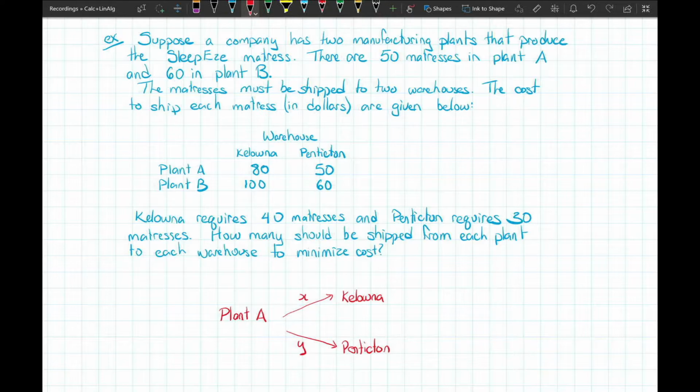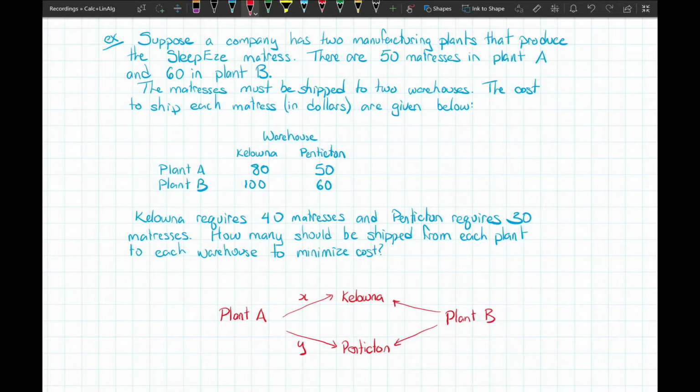Now, we also have our second plant. And rather than create 2 new variables here, if we know that Kelowna needs 40 mattresses, by knowing what the value of x is, we can already determine the number of mattresses being sent from the other plant. We will never send more or less than 40 mattresses if we're going to minimize cost.